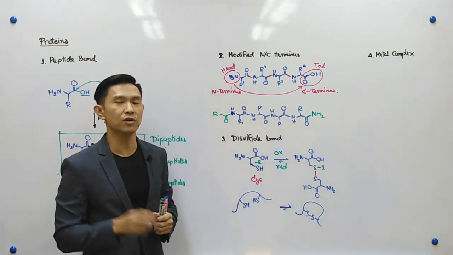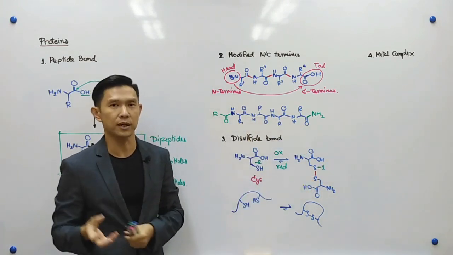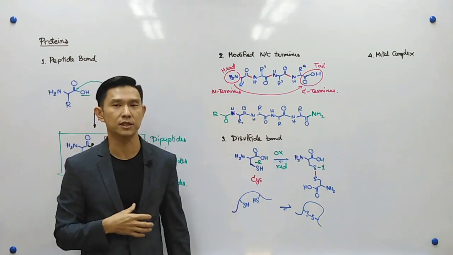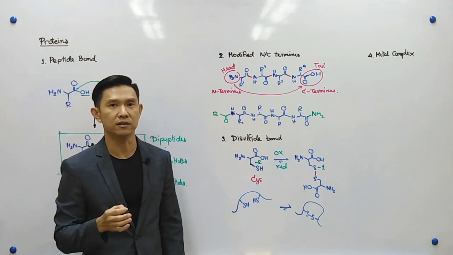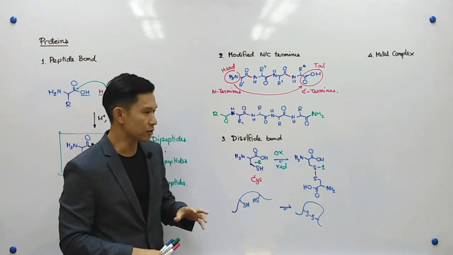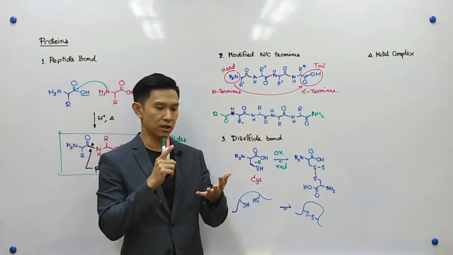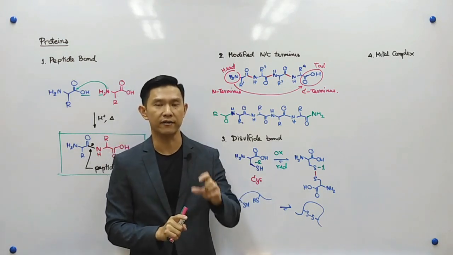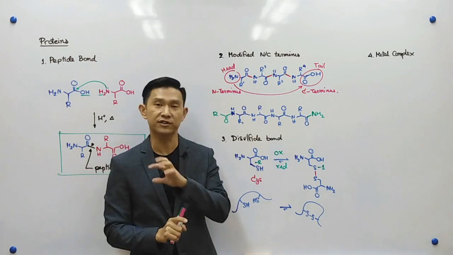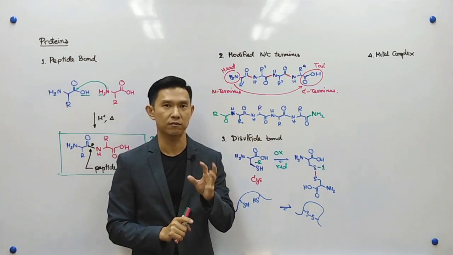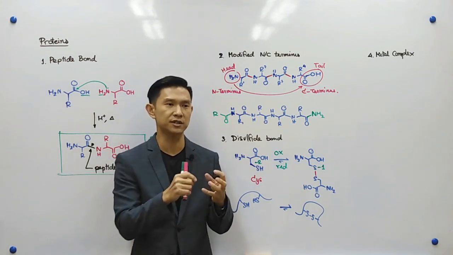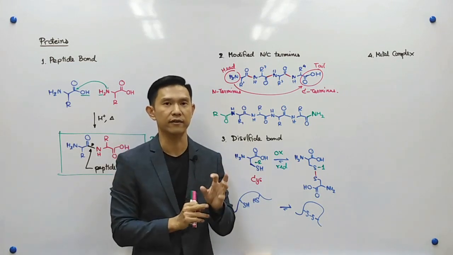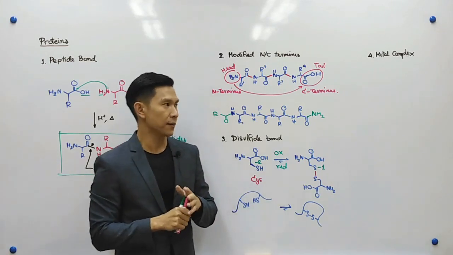So nitrogen not only complexes with copper, sometimes it complexes with other metal ions like iron, for example. So you know hemoglobin, right? In hemoglobin, you have iron as the oxygen transport. Actually, it makes a complex of oxygen gas and the iron atom, iron ion.